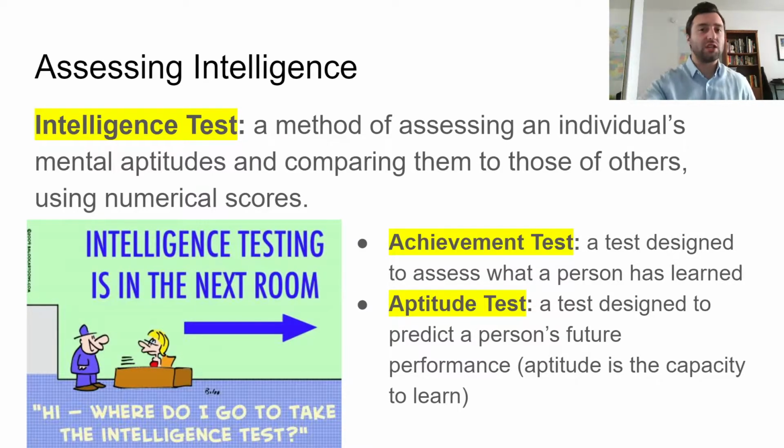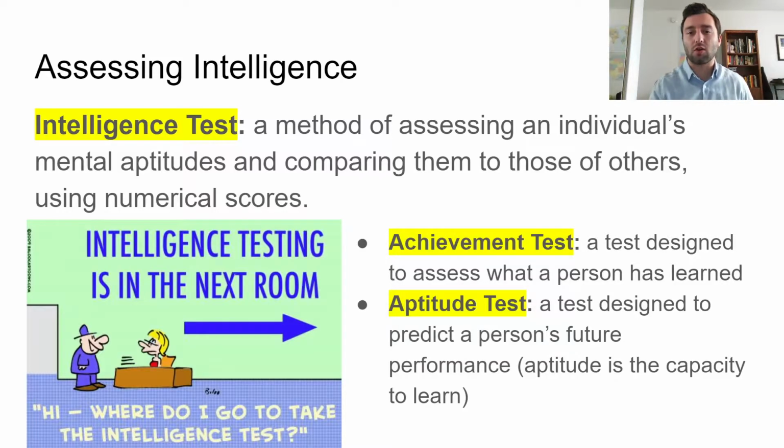Those are all achievement tests, where we go through the information, you learn it, and then at the end you get a test. What I'm really looking at is, how much did you learn? I don't give you the test before we've covered anything, because I haven't taught it to you yet, right? It's not telling me anything. So an achievement test is like the kind of test you receive in school normally, where again it's looking at what you have learned from whatever you experienced.